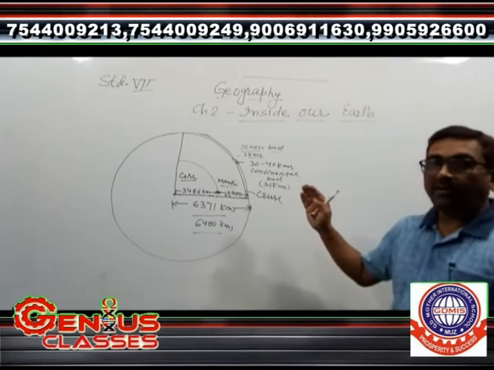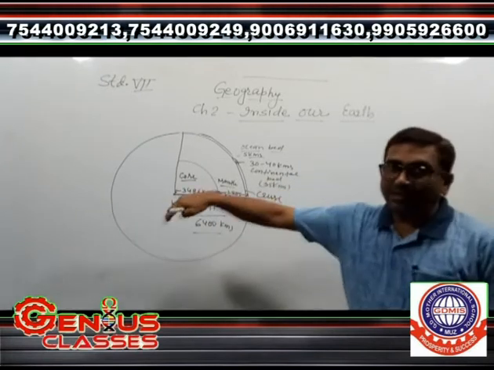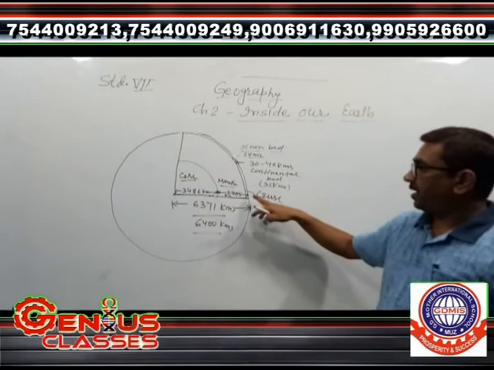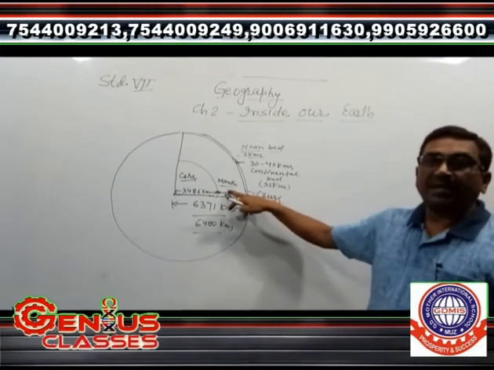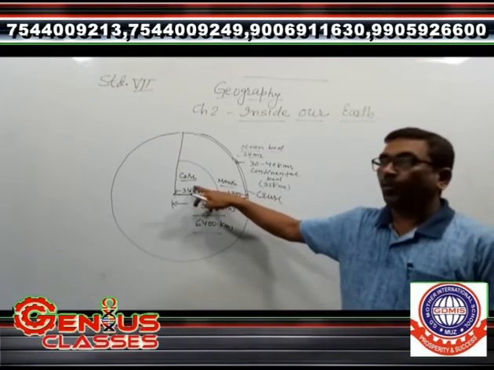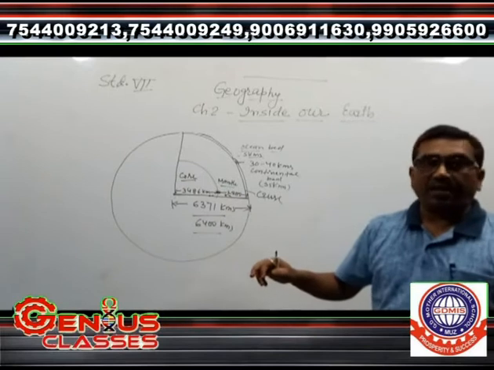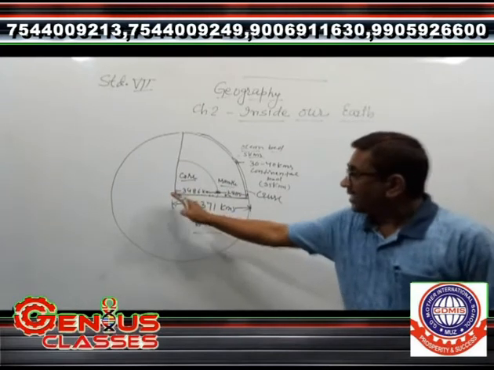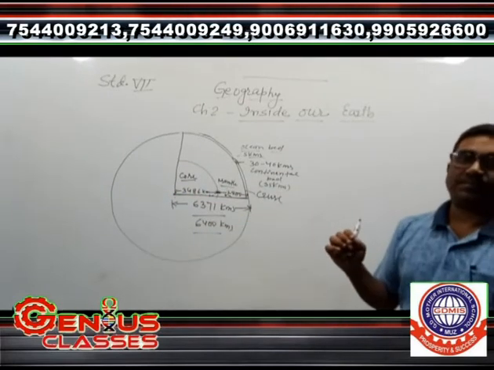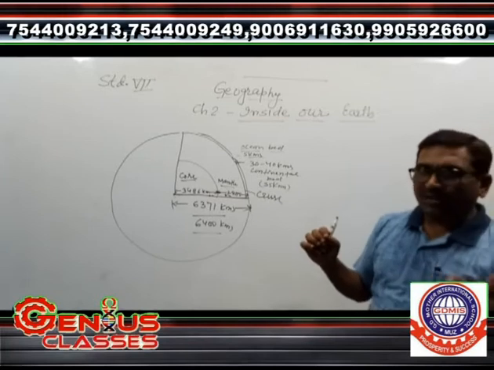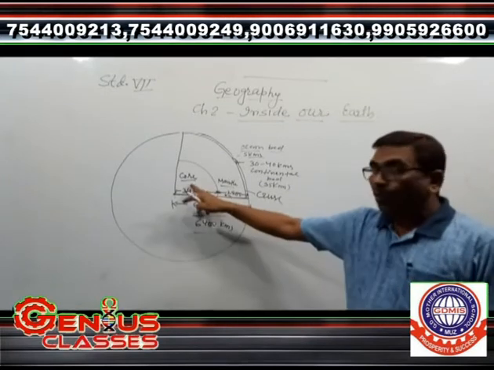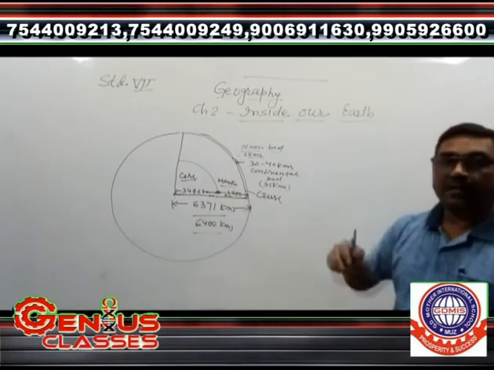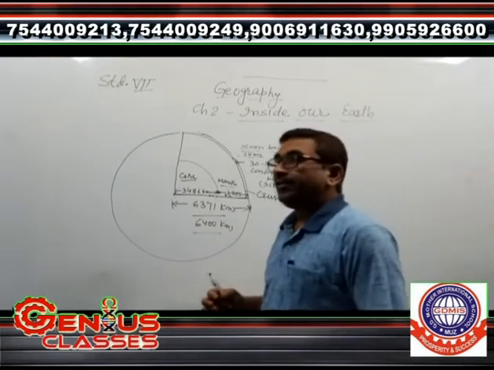If we are talking about it from outside to inside, the first layer is crust, in between it is mantle, then it is the core. And if we are talking about from inside to outside, then it will change: core, mantle and crust. These 3 layers.